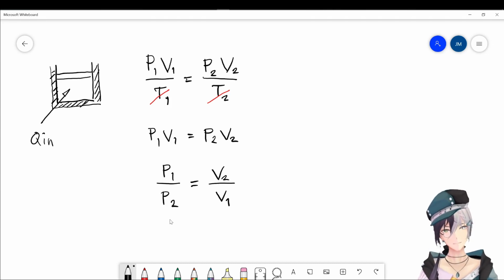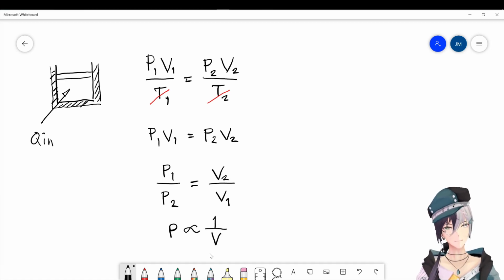So we can see that pressure is inversely proportional to volume.